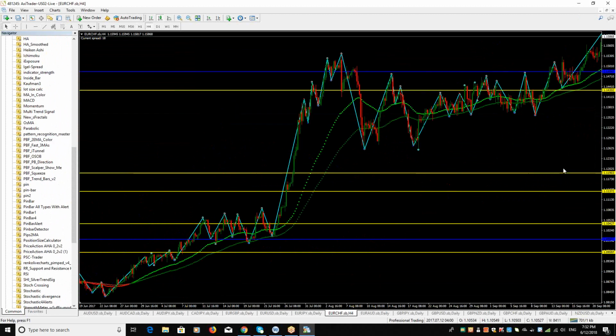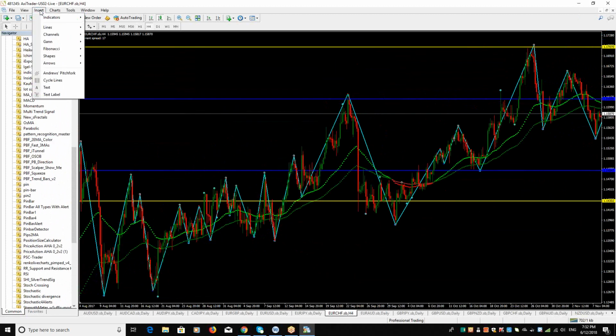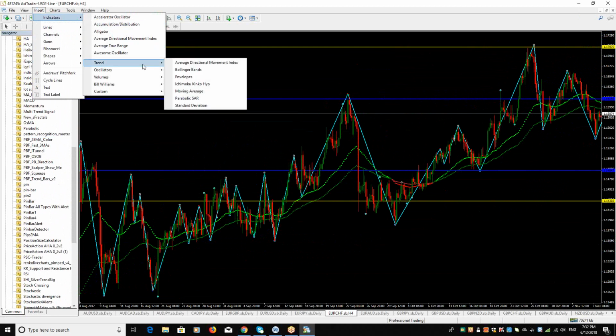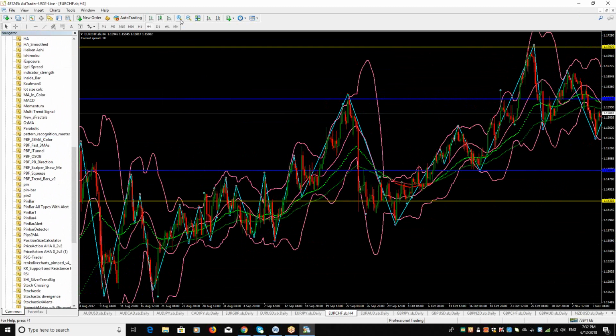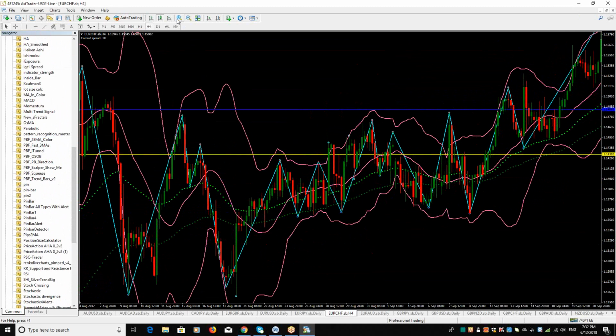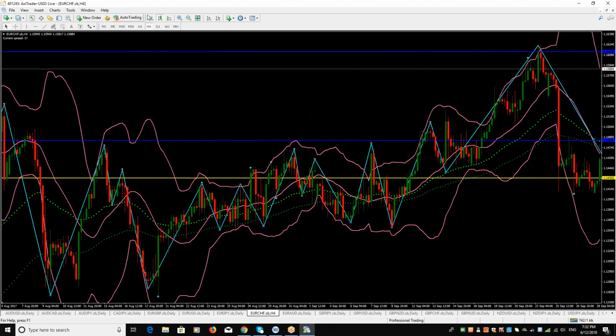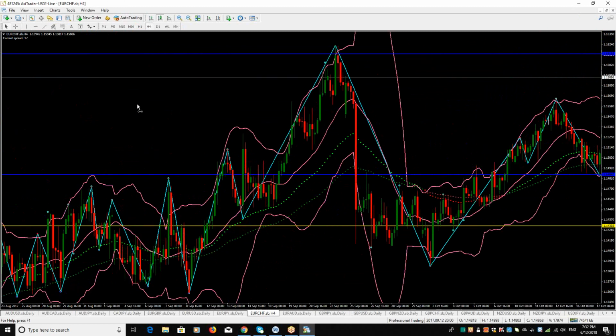Also, we're going to go into insert and put the Bollinger Band. You're going to use 21 with a 2.3 deviation. I'm using hot pink, and I'll make it a bit bigger. Close that so we can see our chart now.